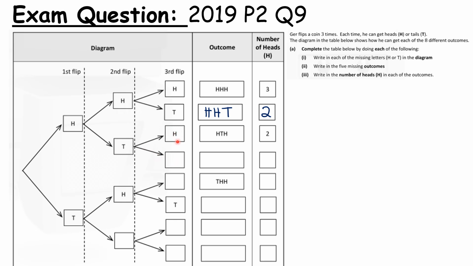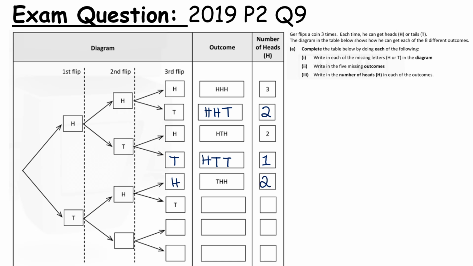So if this one is heads, this one here must be tails. And that gives us an outcome of HTT, which has 1 head in it. And then we move down to getting tails first. So tails, heads, blank. So in order to understand what goes there, we look at the other part of our branch. It is T, so then we put an H in there. And that gives us our THH, and the number of H's is going to be just 2.